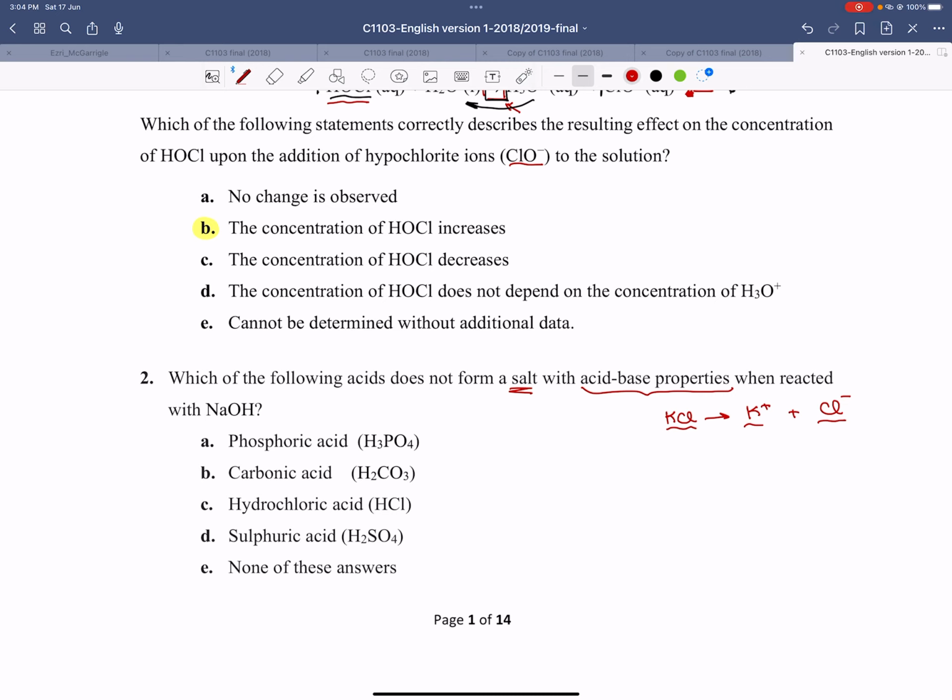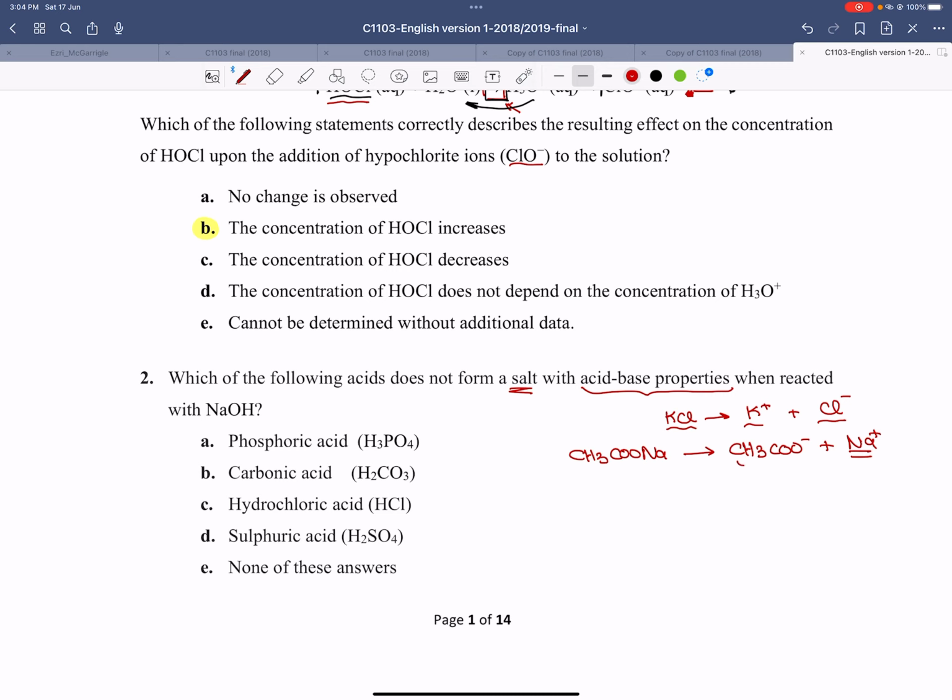If I take another salt like NaCH3COO, this is a salt. When it dissociates in water, it gives you CH3COO minus plus Na plus. Na plus is basically also a spectator because it doesn't have any effect on the pH of the system.